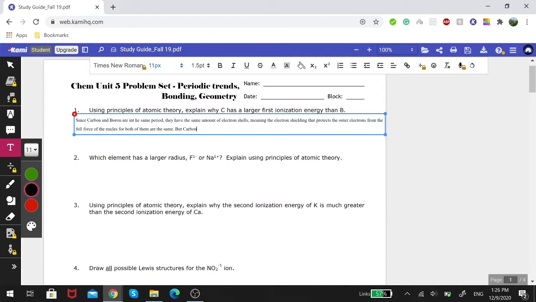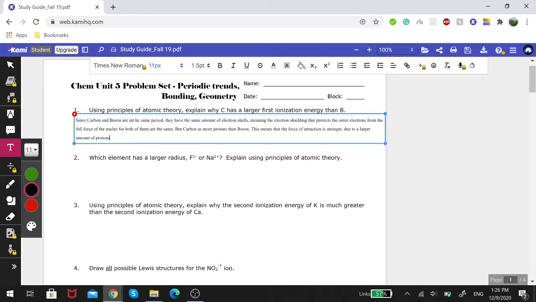But carbon has more protons than boron. This means that the force of attraction is stronger, due to a larger amount of protons in the nucleus pulling on the electrons.